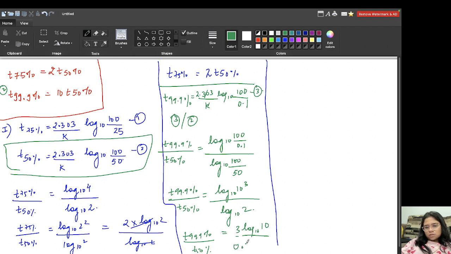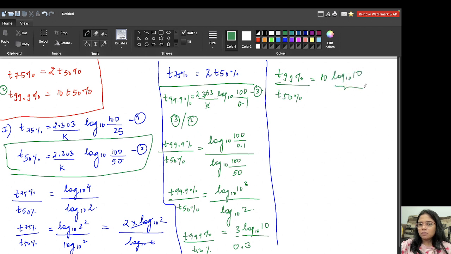Log base 10 of 2 is your 0.3. So 10 log base 10 is 1. So T 99.9% equals 10 times of T 50%. This is how you prove both these things.